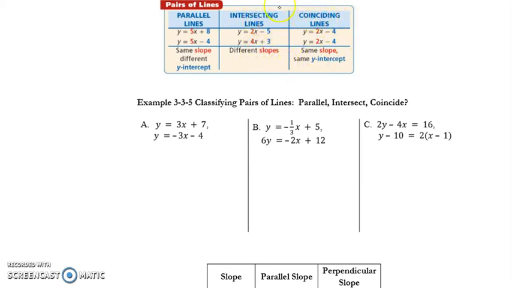And then coinciding is the exact same line, one line right on top of the other line. So they have the same slope, but they also have the same y-intercept. So sometimes those can be accidentally labeled as parallel, so we need to make sure that we identify those as coinciding. So here, 3 and -3, well, those are different slopes, so this one's just going to be intersecting.